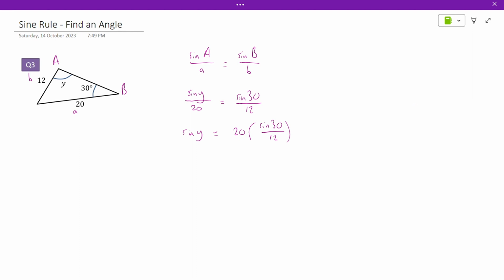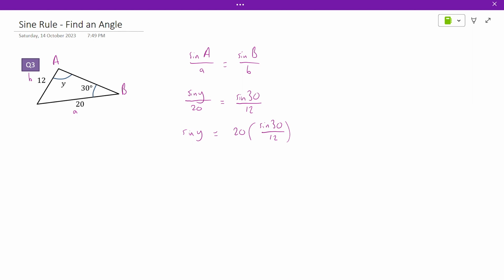We've got sine of y. Well, that's not much help because our original question was we wanted y just by itself. So if we're trying to essentially get rid of this sine, we need to do the inverse of that. So the inverse of sine is literally just called the inverse of sine. And what that looks like on your calculator, you would need to do shift and then the sine button.